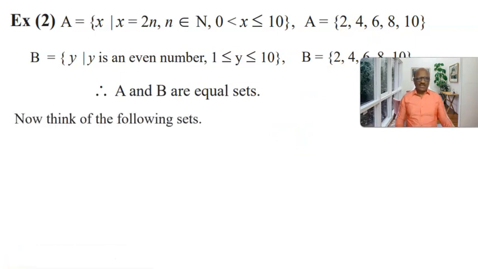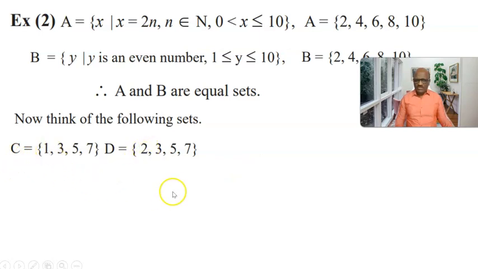Okay, now think of the following sets. C is equals to 1 3 5 7, and what about the D? 2 3 5 7. Are these two sets equal? हे दोन्ही सेट्स इक्वल आहेत का? तर ते इक्वल नाहीत, कारण सेट सी मध्ये 1 आहे, तो डी मध्ये नाहीये. सेट डी मध्ये 2 आहे, तो सी मध्ये नाहीये.